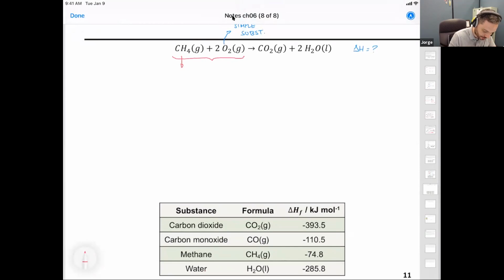So let's start here with methane. Remember that we need to consider the amount of substance that we have in the reaction. For methane, we just have one.